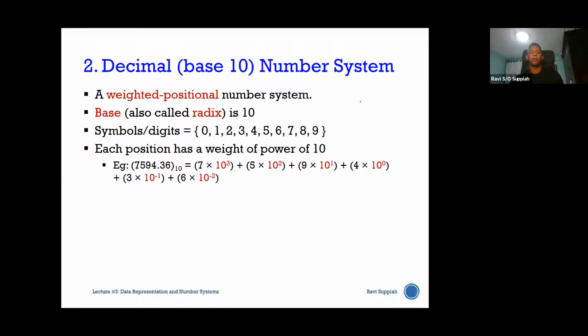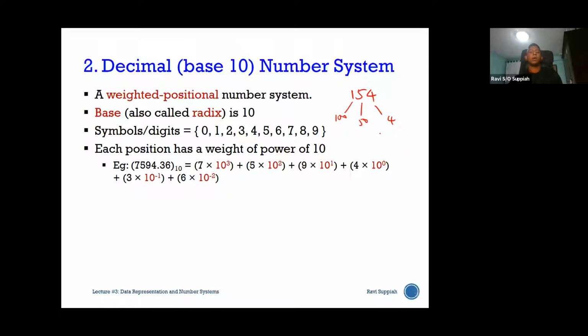So if I were to give you the number 154, along the way we learned about ones, tens and hundreds. So we say this is actually 100, 50, and 4. Correct? Ones position, tens position, and hundreds position.